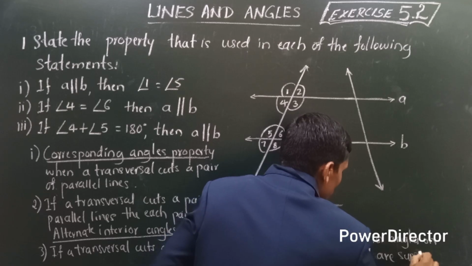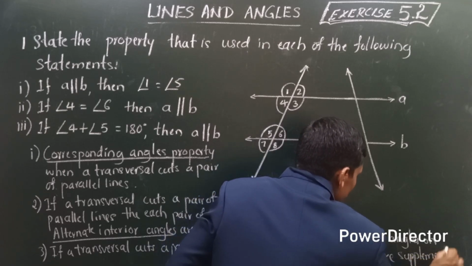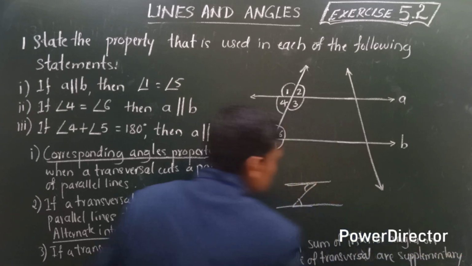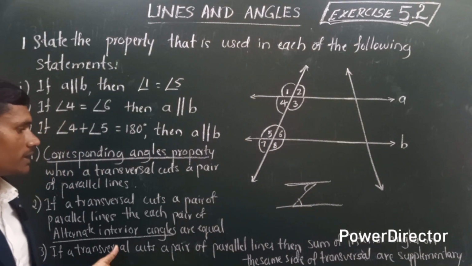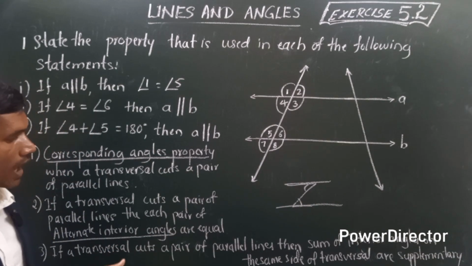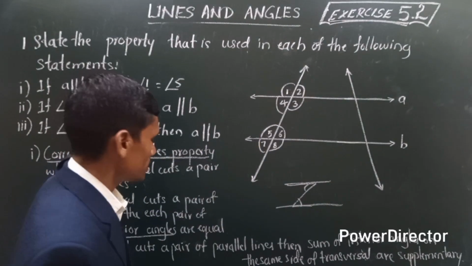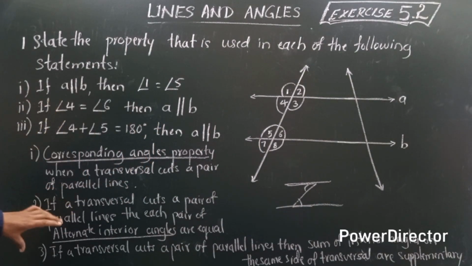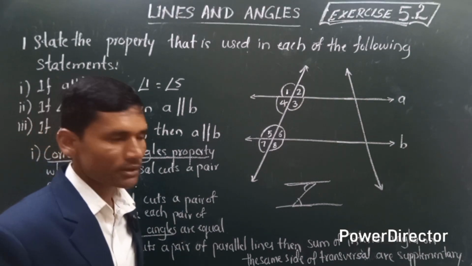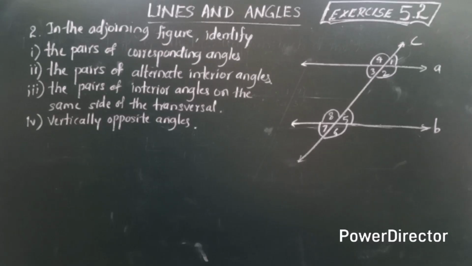This is the property, right? Interior angles on the same side of the transversal are supplementary. Means when you take the sum, it will be equal to 180 degrees. Remember. So these are three properties which are used in this. Now let us go ahead with the next problem which is given there.